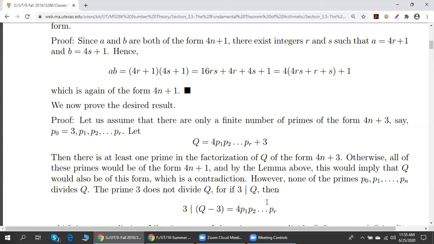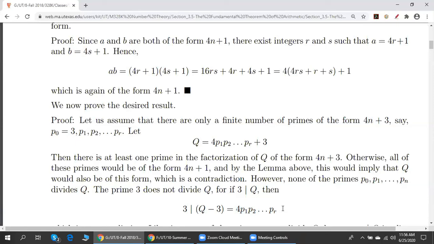Now, if q is divisible by 3, q minus 3 is divisible by 3. Since the left-hand side is equal to the right-hand side, the right-hand side is also divisible by 3.